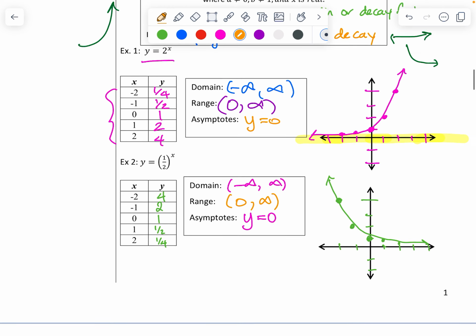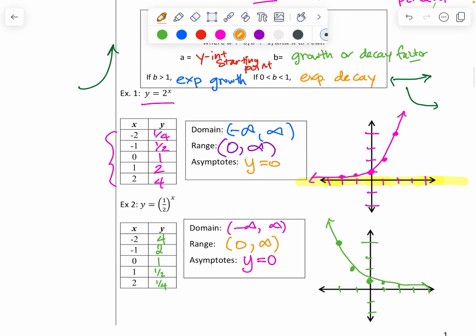One thing before we leave this video is I want to talk about the y-intercept, and this should happen with any parent function. Both of these cases are parent functions, and both of them have a y-intercept at 0, 1. That actually is quite important for us to know.